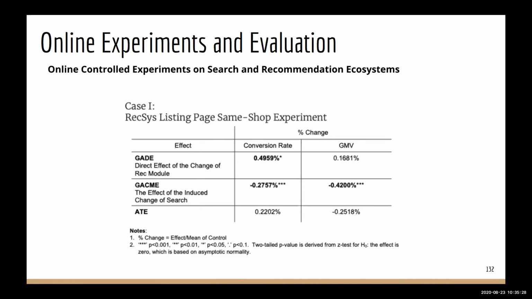Remember that graph I mentioned earlier. With the result, you can start to make some decisions. You can say, hey, ATE is flat, but the recommendation module significantly improved. So you could say we hold this, but you also could launch it because there is indeed a positive impact from the recommendation module.